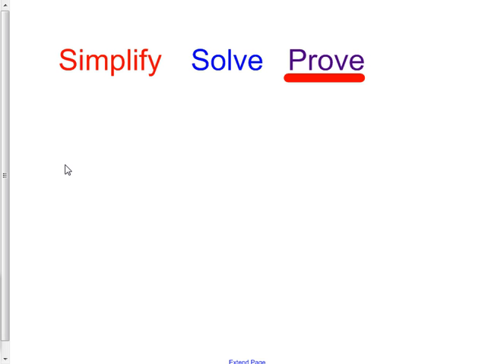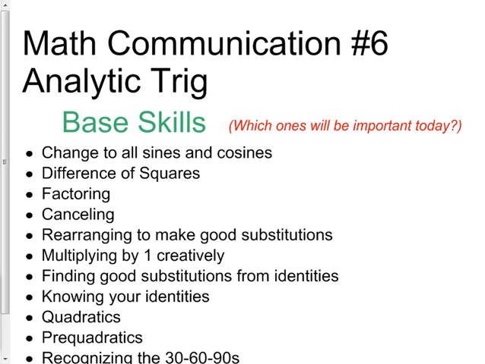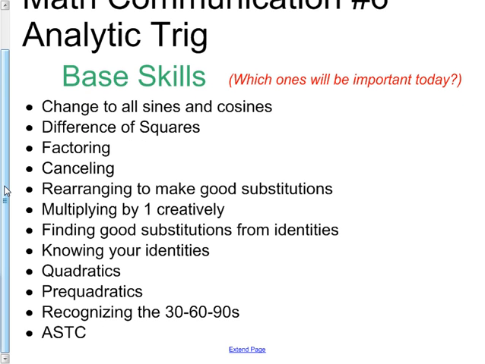All right, so let's talk about some of the things you've needed to be able to do for simplifying. Here's the base skills that you need to be able to do. Do you get that anything out there can be changed into a sine or a cosine? What about tangent? Can't you change tangent into sine over cosine? What about cosecant? 1 over sine.